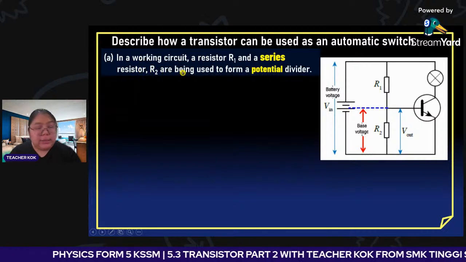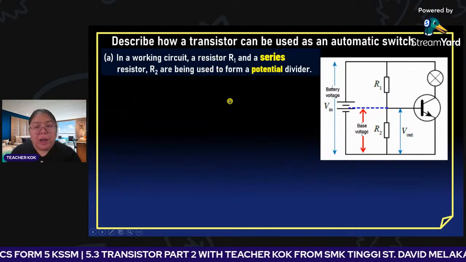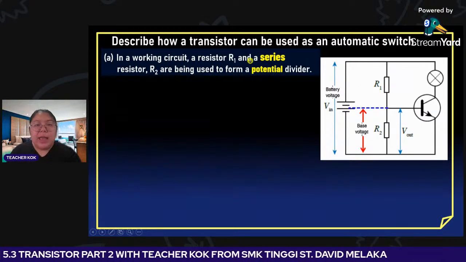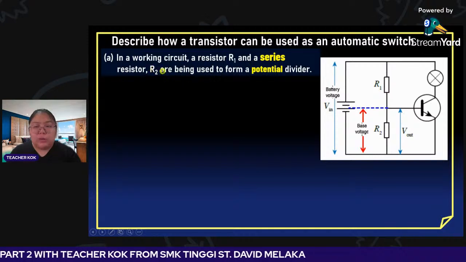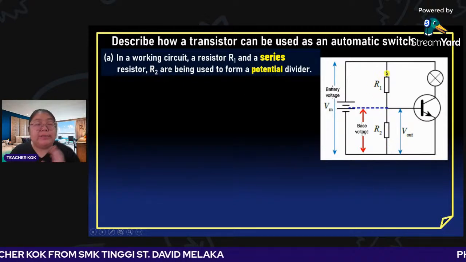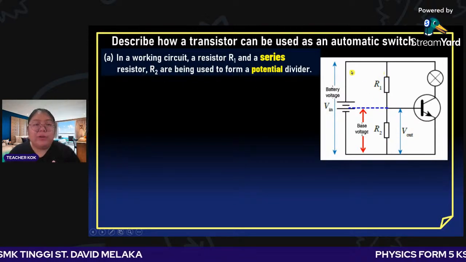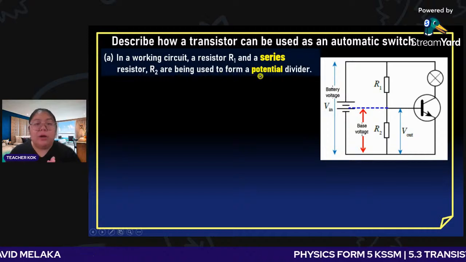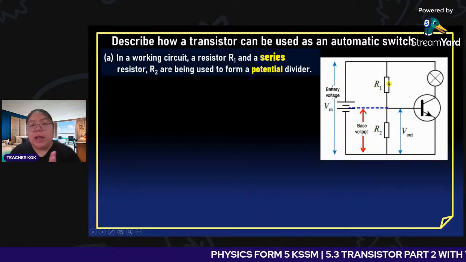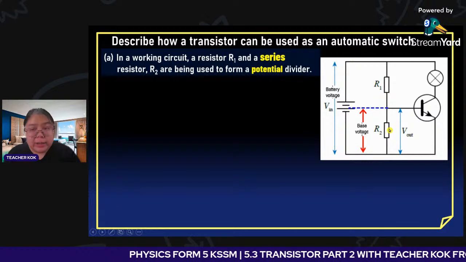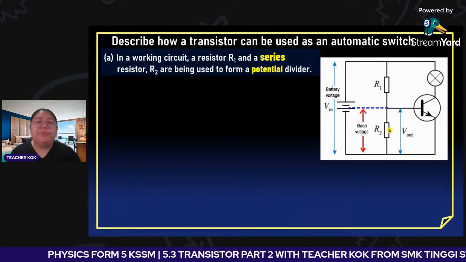In the working circuit, there is a resistor R1 and in series R2. So R1 and R2 are in series. They are being used as a potential divider. R1 and R2 will divide the potential difference.